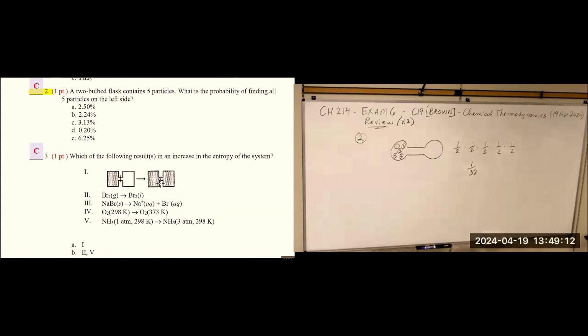Since it's given in percentage, I have to calculate it. If it were in fractions, then we'd be done. 3.13%. There we go. That's the probability of finding all 5 of them on the left-hand side. The same probability applies to finding all 5 of them on the right-hand side.